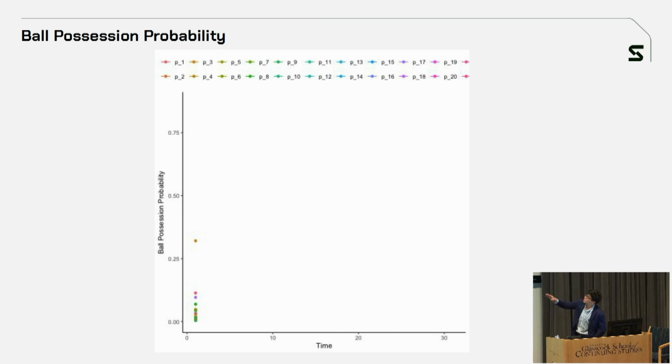You could see throughout the time of the game, each player's ball possession probability will fluctuate. It's supposed to be a live action graph, but those are just a bunch of dots. But we then took this accurate ball possession probability and introduced the metrics that we use to measure efficiency.